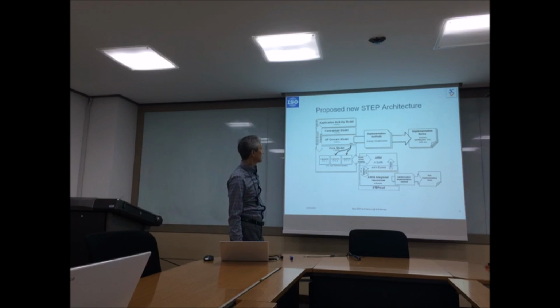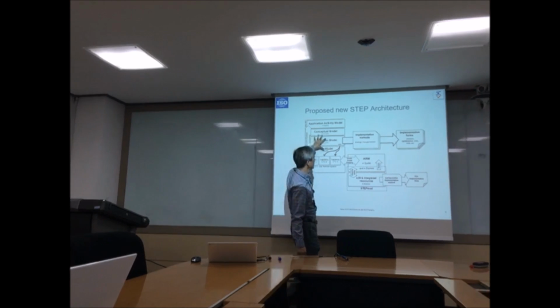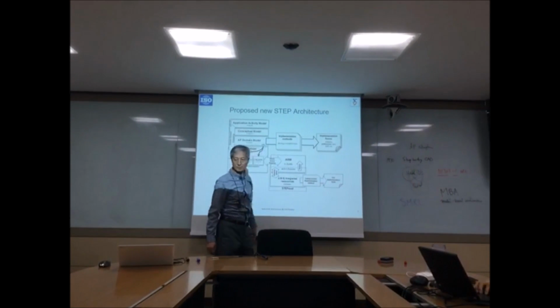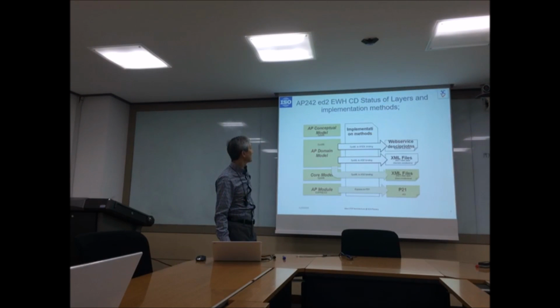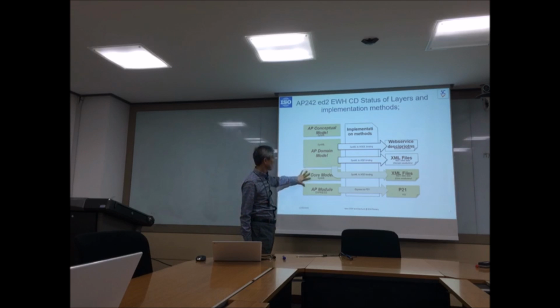So the new architecture shows these diagrams coming here. And the AP conceptual model, and domain model, and core model. The core model is resources, common resources, and then we develop AP modules.